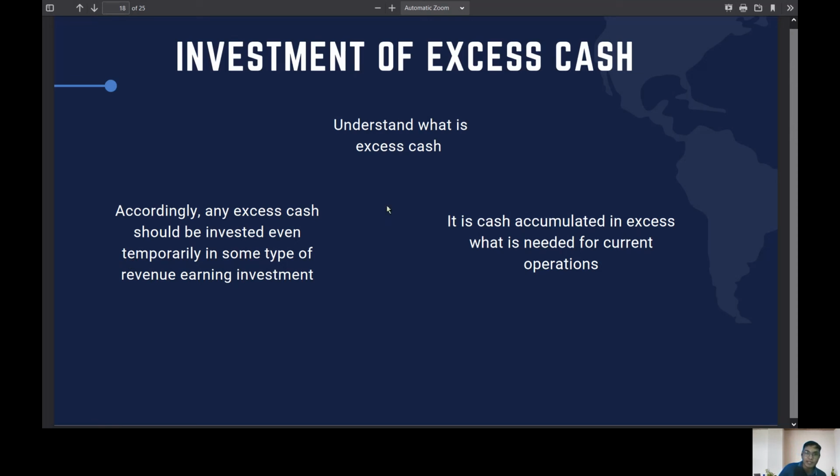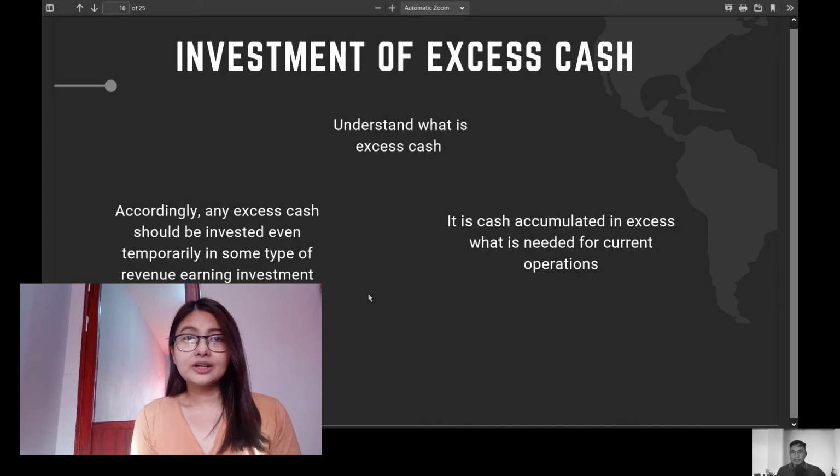Then again, accordingly, any excess cash should be invested even temporarily in some type of revenue-earning investment. Kasi it is not really good to keep excess cash in a company. Parang something sa mga investors na hindi nila gusto na may excess cash talaga ang isang kumpanya.